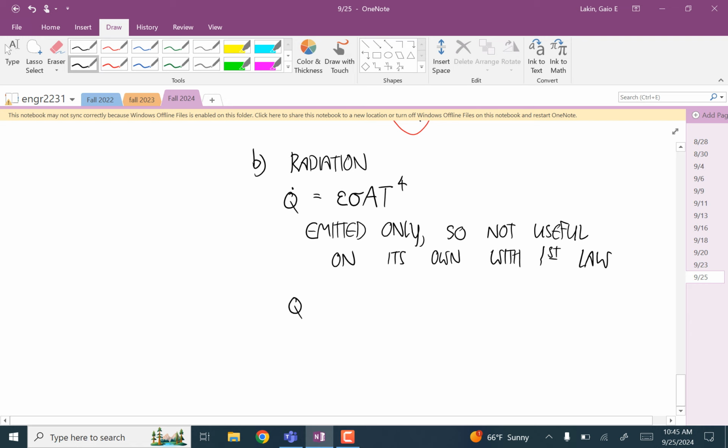It's for a special case, that the total Q dot is equal to emissivity times Stefan-Boltzmann constant times the surface area times the quantity temperature of the body to the fourth minus, it doesn't matter what order you put these, temperature of the surrounding to the fourth.